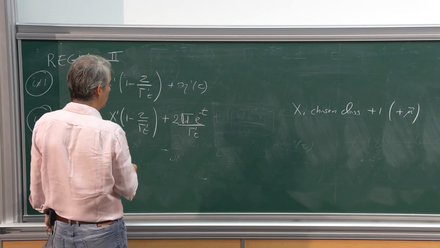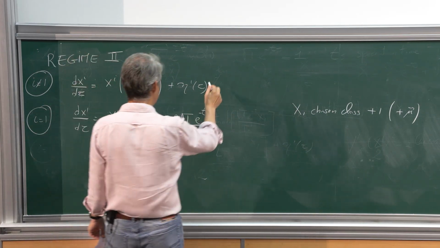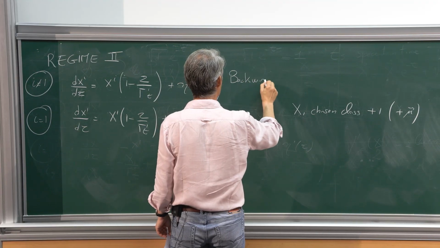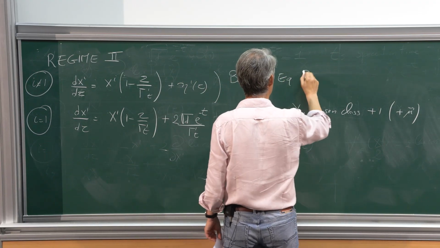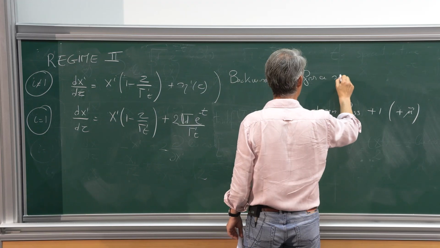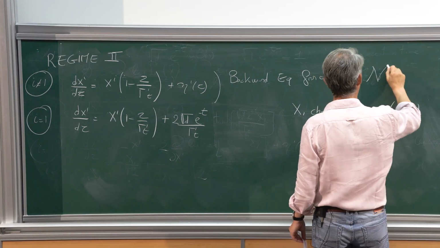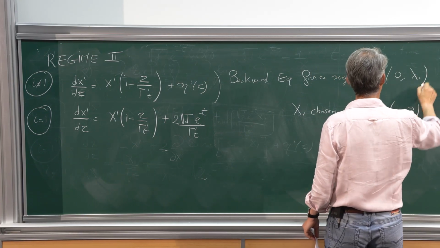Okay. So now what do we have here? This is just the backward equation for a single Gaussian variable, a single N(0, lambda i).